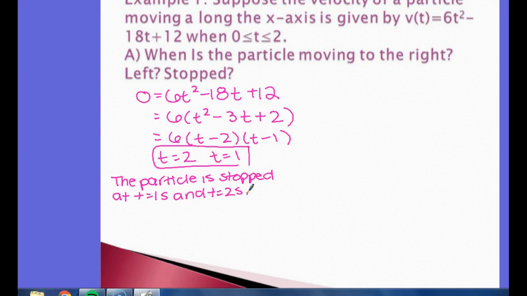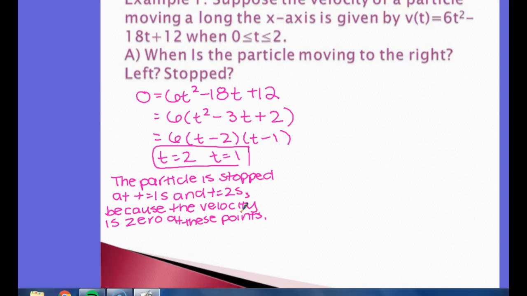And if they asked you to explain, it would be because the velocity is 0 at these points. I know this doesn't necessarily ask you to give those explanations, but those are those AP writing to justify.